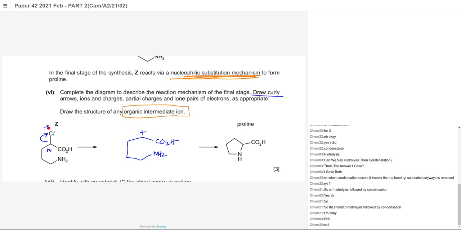I have drawn the curly arrow. Ions, charges, and the lone pairs of electrons. Now this will attack this and form proline. Can you see? This is a bond which is formed with this carbon because this carboxylic group is a side chain here. So therefore, this NH2 should attack this carbon over here.